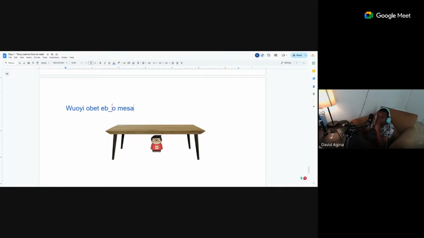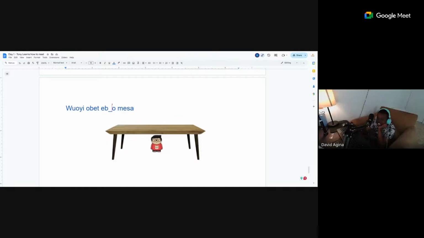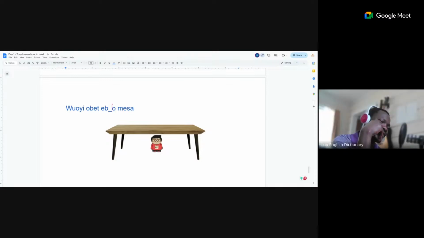What letter haven't I used? Eliminate all the letters that you think, and then tell me which one fits there. E? Can you put it there and read? Let's see whether it makes sense.